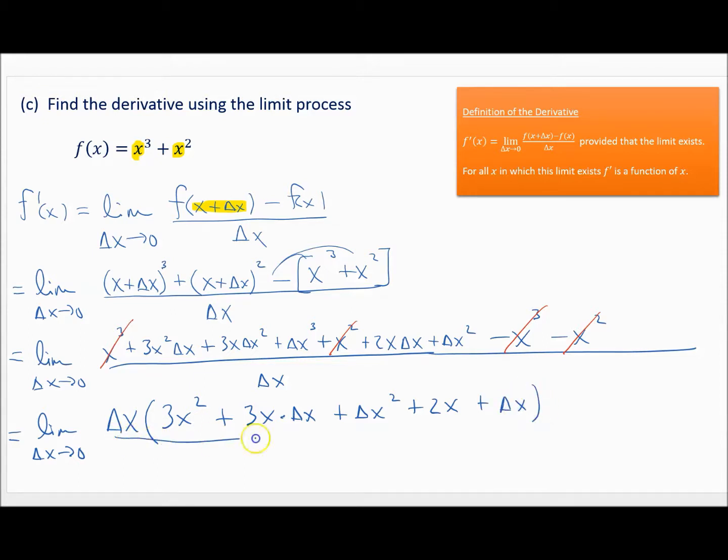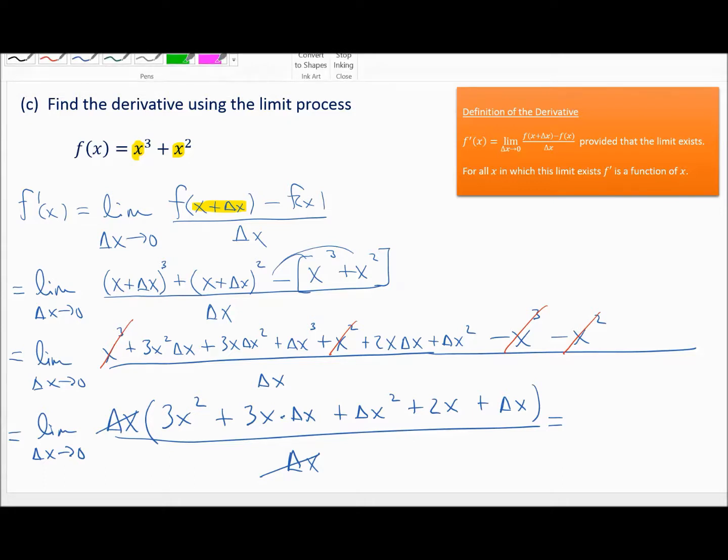Now it's possible we had some like terms in there. I really didn't pay attention to that like I should. No, there's no like terms in there. Okay, so the delta x's cancel. That is the important part of this, because my next step is to substitute in delta x equals 0.